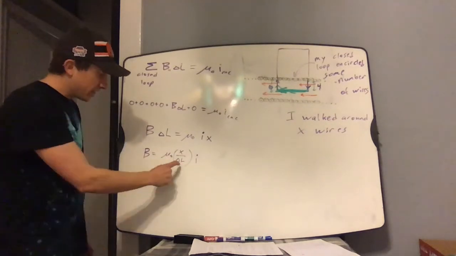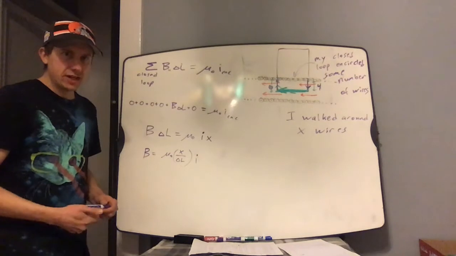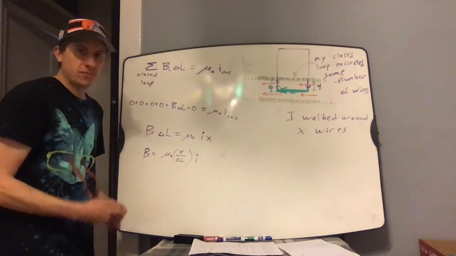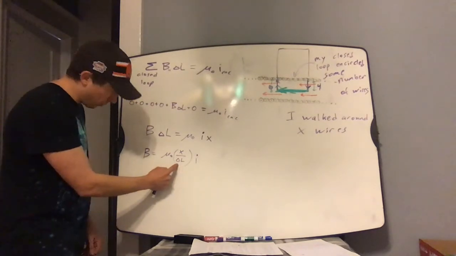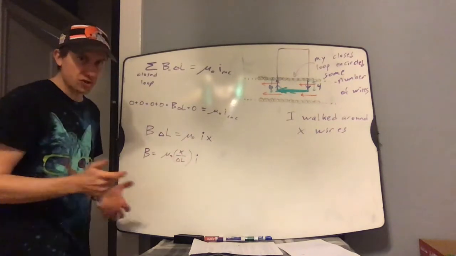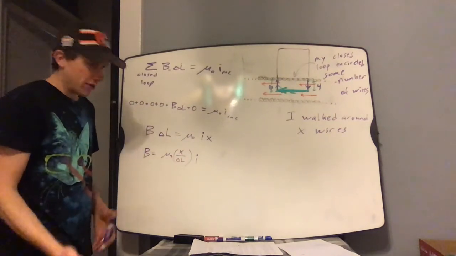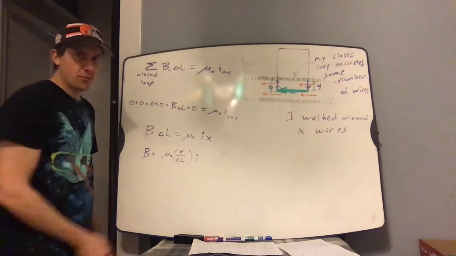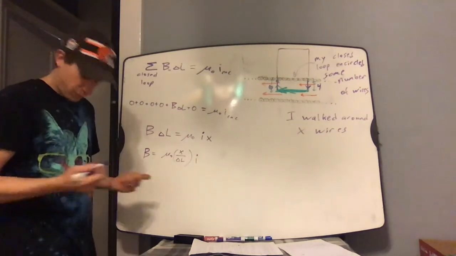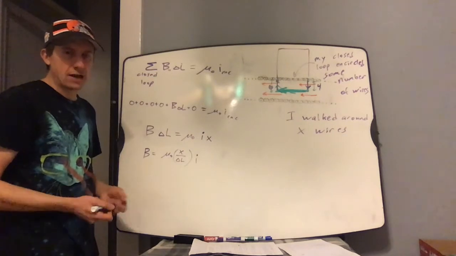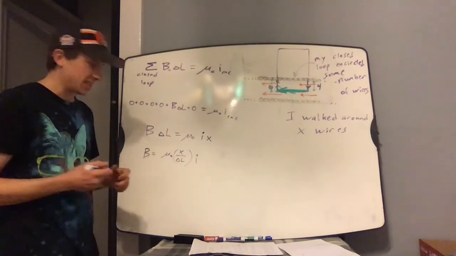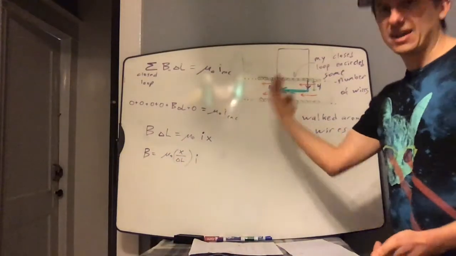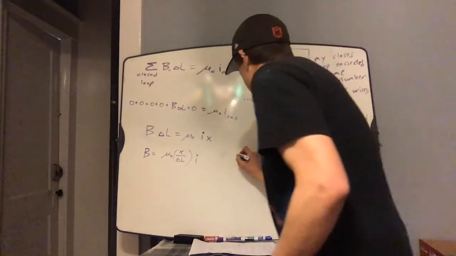So even though each of these terms individually could be large or small, in other words, both are individually arbitrary, the ratio of them, a big number over a big number or a small number over a small number, is just going to be the number of wires in the solenoid divided by the length of the solenoid.